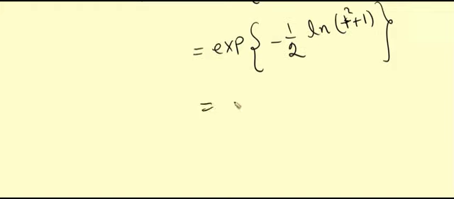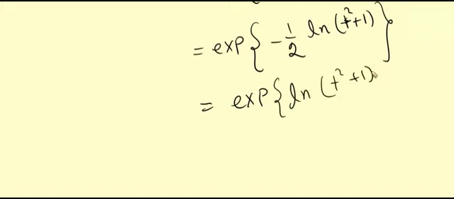So this can be simplified further, because this minus 1/2 can sit over here. That's a property of logarithm. So this will be exp of ln of t square plus 1 to the power minus 1/2, right?